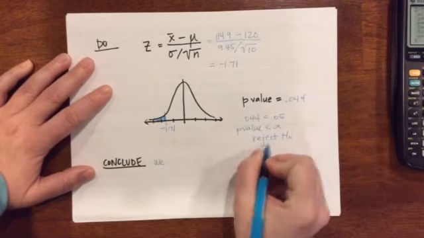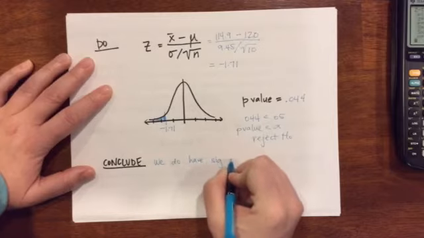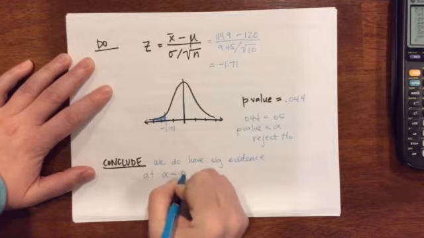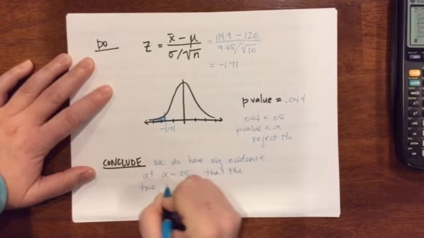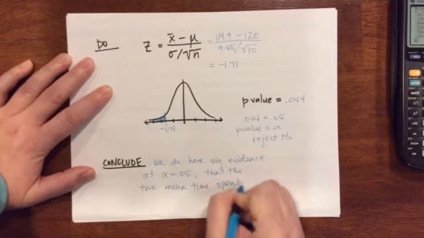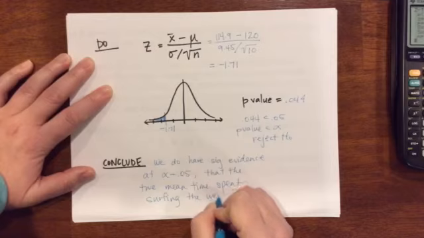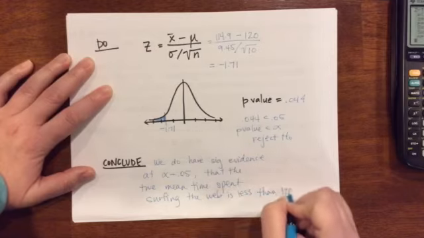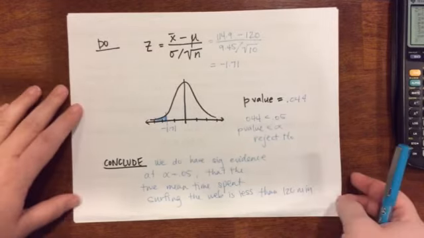So since we rejected H0, we do have significant evidence at alpha equals 0.05 that the true mean time spent surfing the web is less than 120 minutes. Okay? So that's how you solve that problem if you're given data.